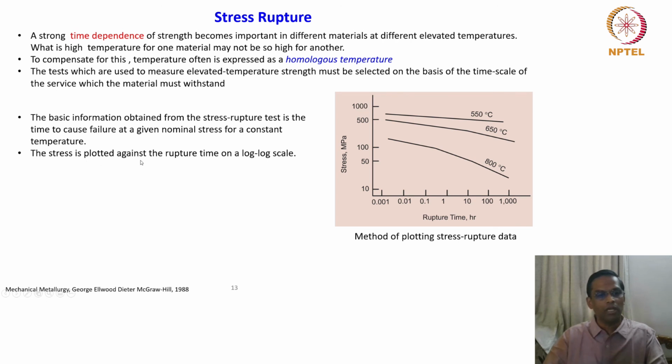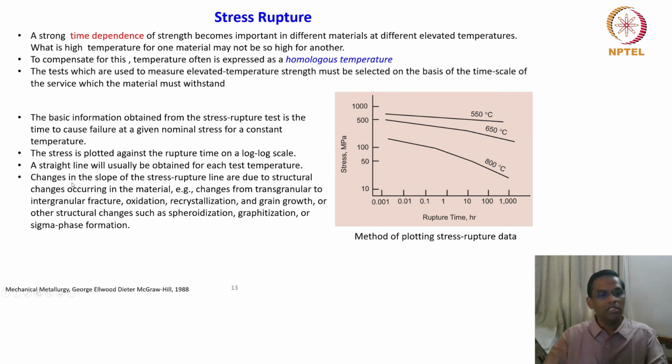The stress is plotted against the rupture time on a log scale. A straight line will usually be obtained for each test temperature, but changes in the slope of the stress rupture line are due to structural changes occurring in the material.